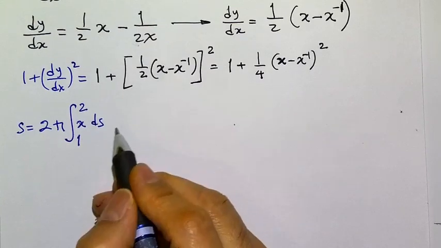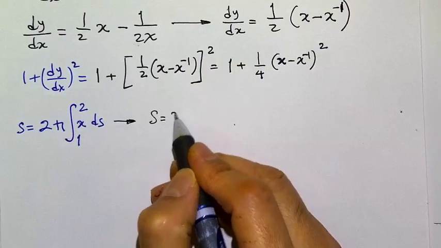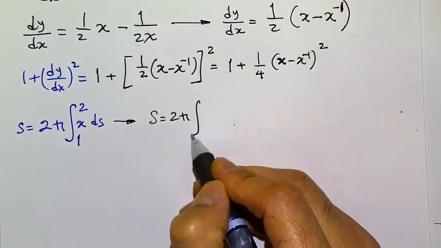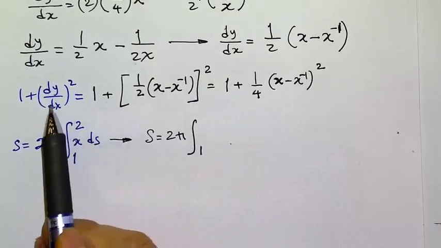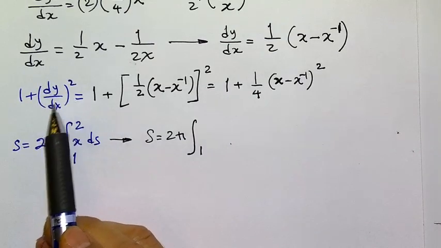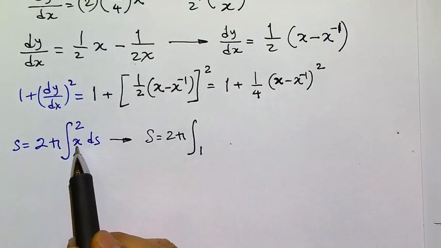So we have S equals 2 pi. Everything here in 1 plus (dy/dx) squared is in terms of x, so in our formula we don't have to do anything with this. We just keep x.